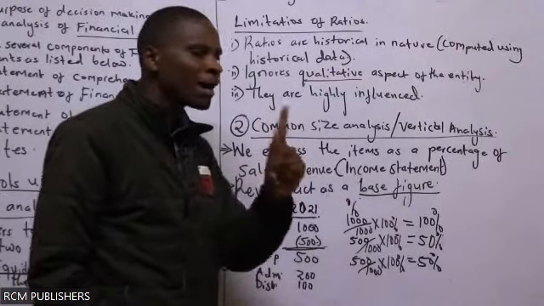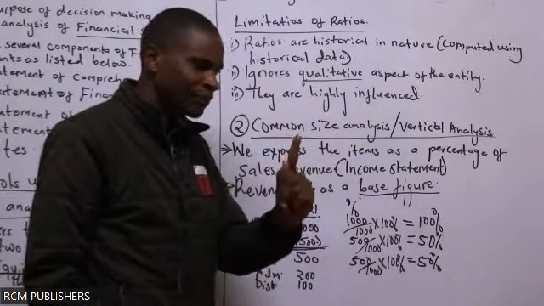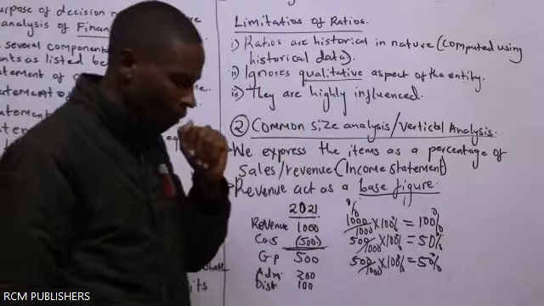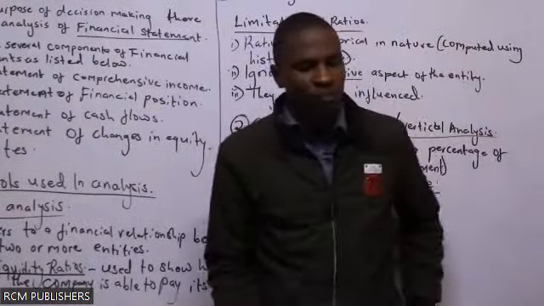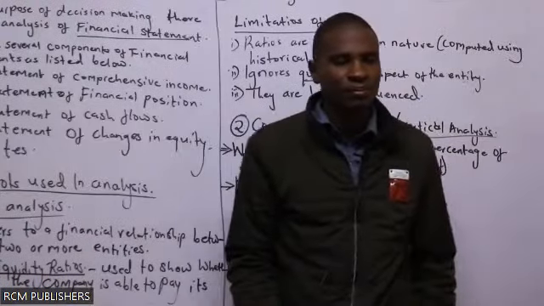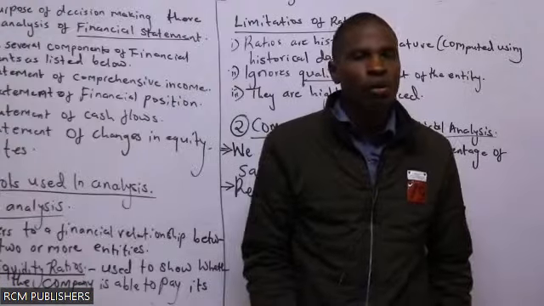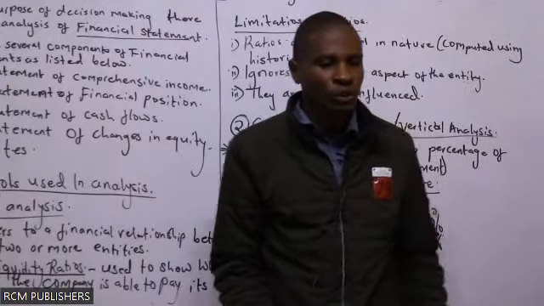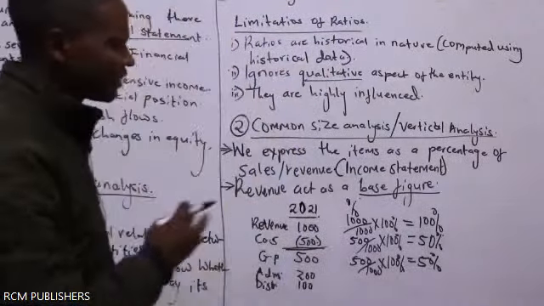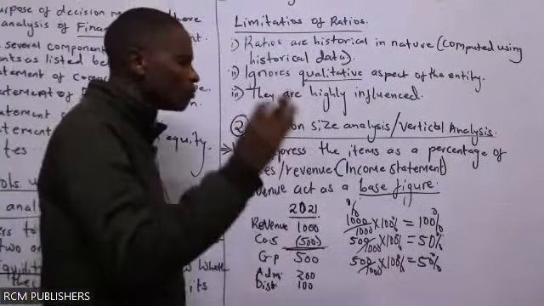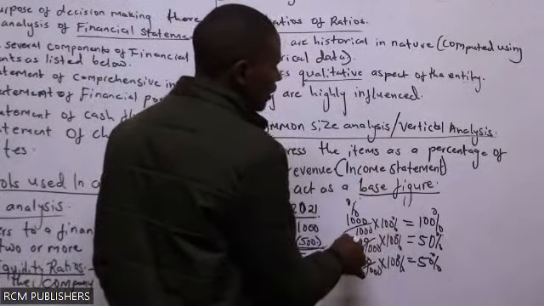When you go to the balance sheet, what do you think will be common? What will be our common base? This is very, very interesting. What do you think will be our common base when we go to the balance sheet? Yes, total asset will be our common factor.